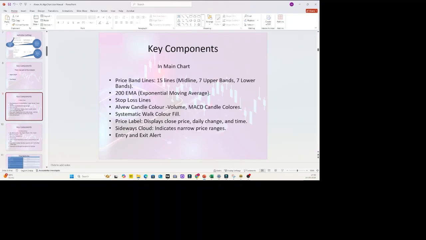The key components of the main chart are price band lines. There are 15 lines: the midline, 7 upper bands, 7 lower bands, the 200 EMA, and the stop loss line. Then Alvew candle colors, which consist of volume based color and MACD colors.